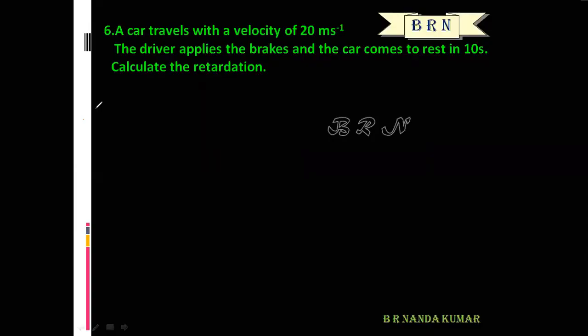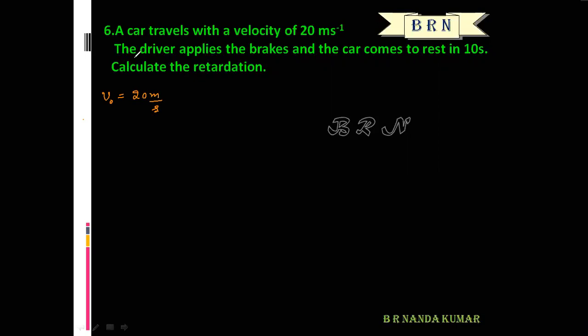The next numerical. A car travels with a velocity of 20 meters per second. The driver applies the brakes and the car comes to rest in 10 seconds. Calculate the retardation. A car travels with a velocity of 20 meters per second; that is the initial velocity of the car.